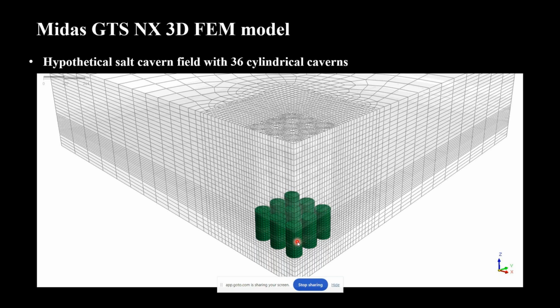These salt caverns are also excellent for storage of gases like natural gas and hydrogen. There is quite a bit of research in this area to use these salt caverns for storage of energy.